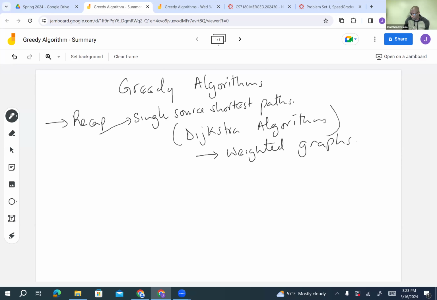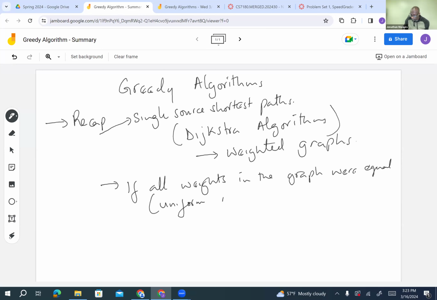Now, one important thing we saw about this single source shortest path algorithm is that if all the weights in the graph were equal, or what we might call uniform weights, then instead of using Dijkstra's algorithm, which was using a priority queue to do all the work, we could just use BFS, and this would just use a normal first in, first out queue.